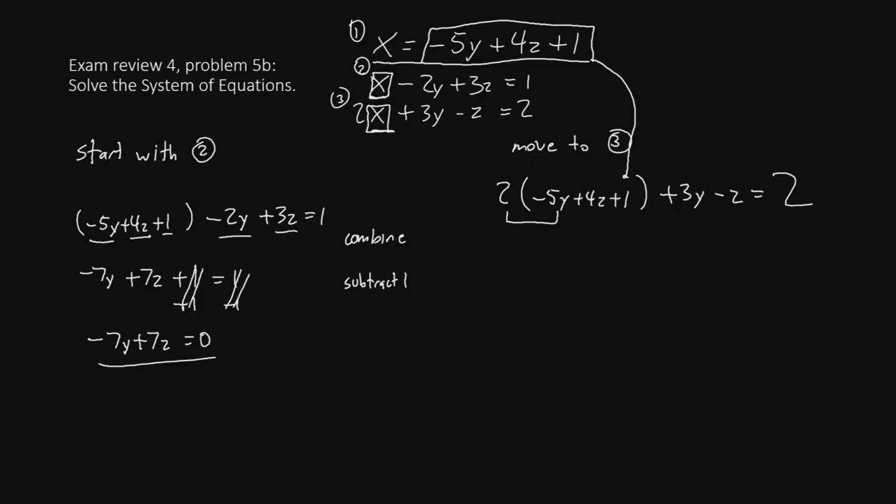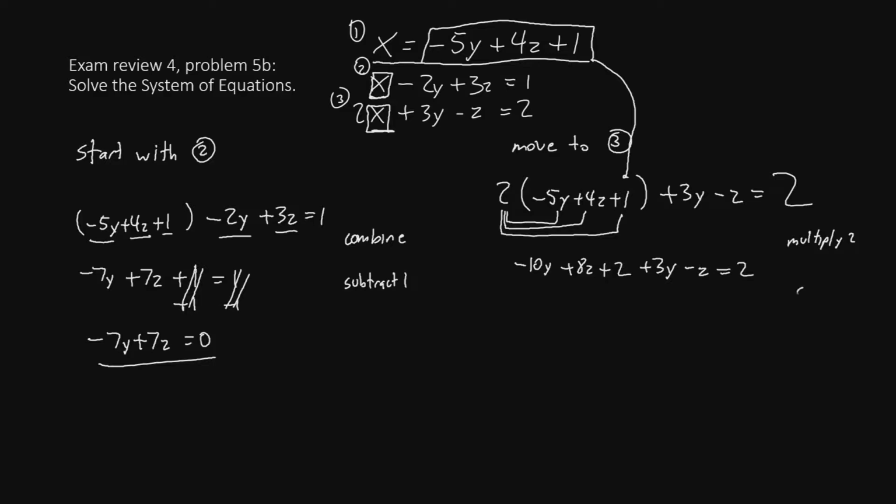And we'll multiply the 2 to each of these three terms. So 2 times negative 5y makes negative 10y. 2 times 4z makes 8z. 2 times positive 1 makes 2, plus 3y minus z equals 2.